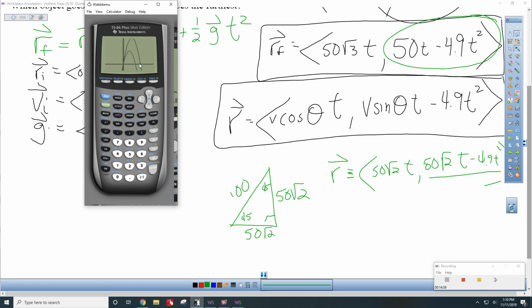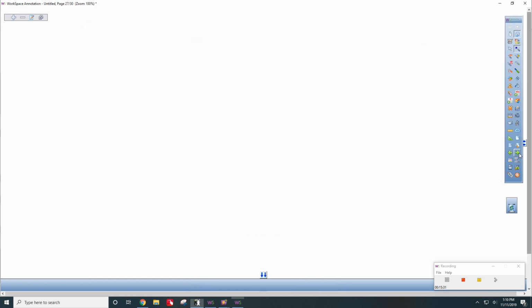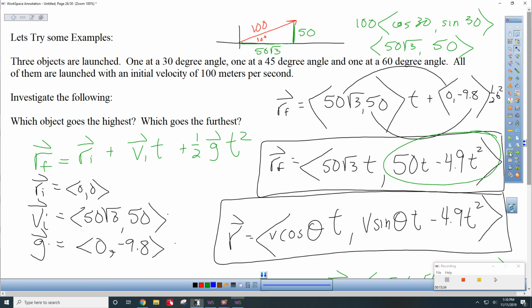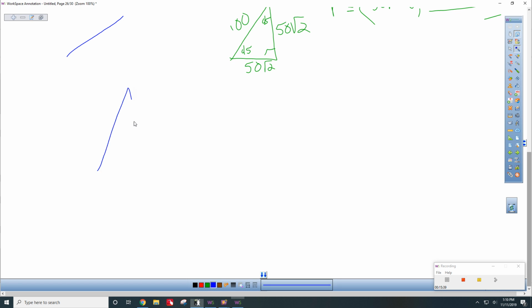Okay, so let's do one more. What if we launched it at an even steeper angle? What if we launched it at 60 degrees at a speed of 100?